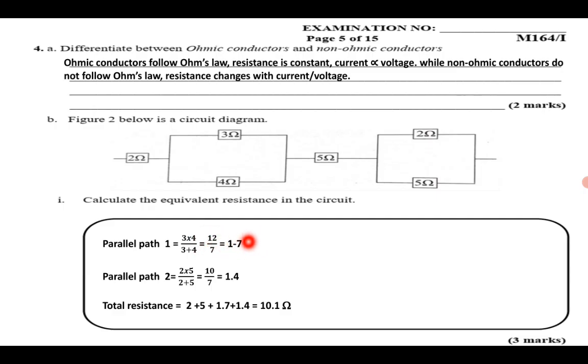Just keep it for now. You do the same for this one. You take 2 multiplied by 5, which is 10, and divide by 2 plus 5, which is 7. 10 divided by 7 is 1.4. Once you do that, you're almost done. So you take the 1.4 you find here, add it to 1.7, and then add it to 2, and then to 5. That will give you a total resistance of 10.1. It's as simple as that.